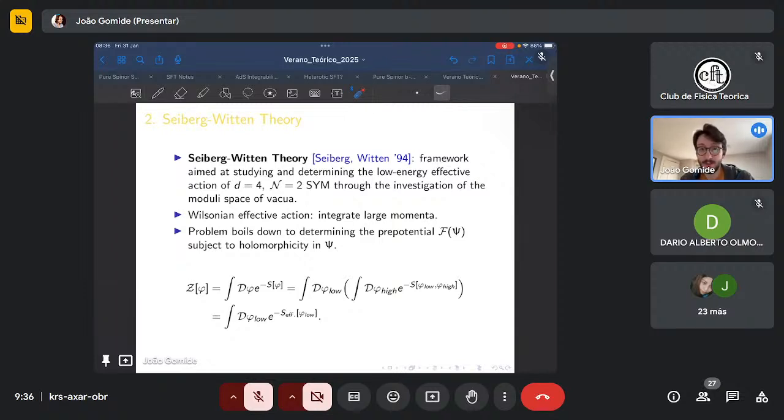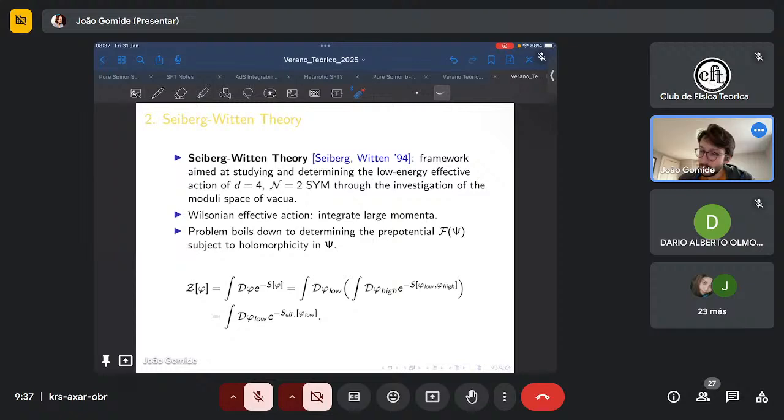We'll see that there's a miracle happening in Seiberg-Witten theory that we can actually compute it. So basically, we want to determine this prepotential, which will tell us what this effective action is. And the only thing we have so far is that it depends only on psi, not psi bar.